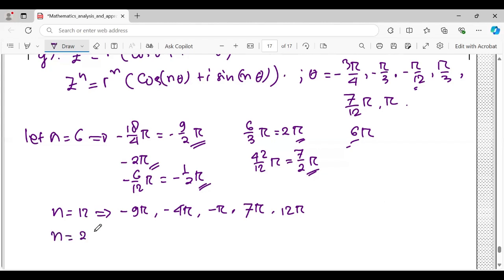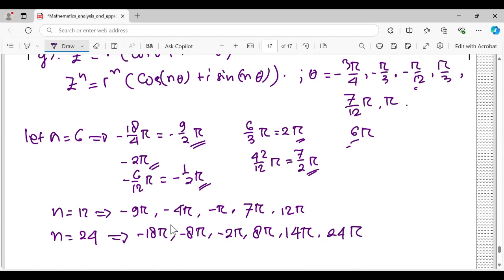What if n equals 24? If n equals 24, 24 times this angle is minus 18 pi, minus 8 pi, and minus 2 pi, 8 pi, 14 pi, and 24 pi.